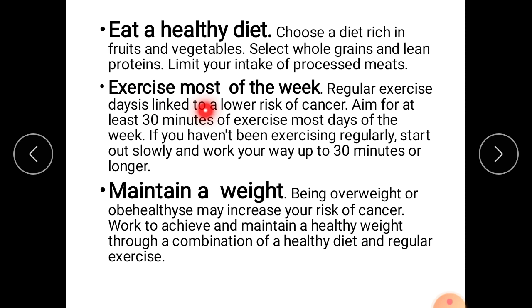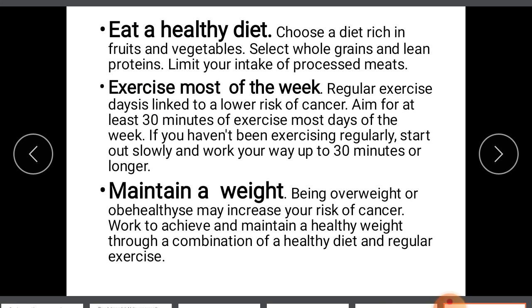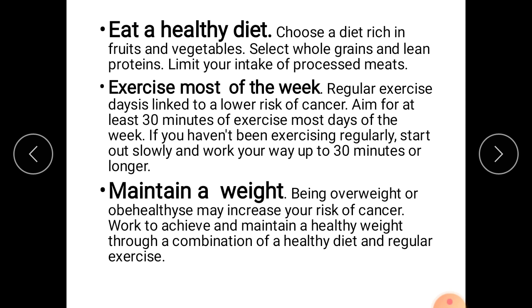So exercise most of the week. Regular exercise is linked to a lower risk of cancer. Aim for at least 30 minutes of exercise most days of the week.